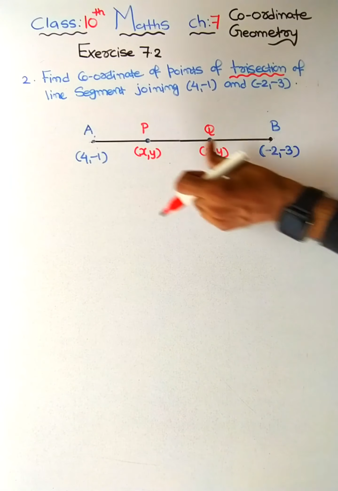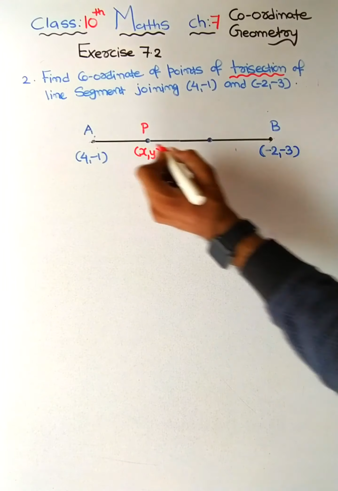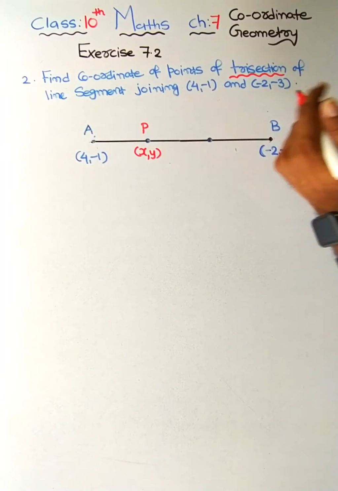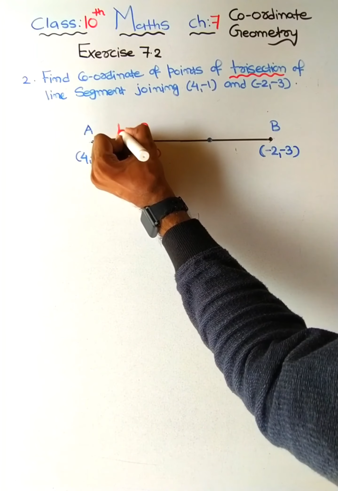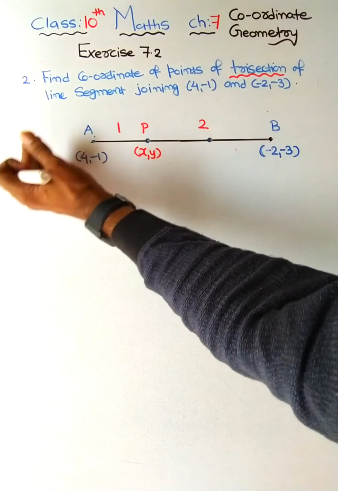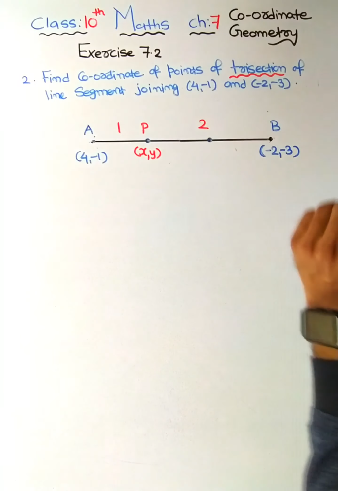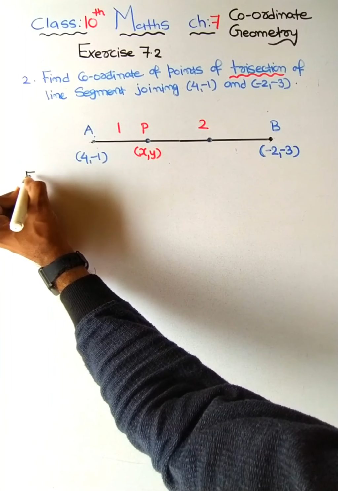So if I ignore this point Q, P is dividing the line segment in the ratio 1 to 2. You see, one part is on the left side and 2 parts are on the right side. So on the basis of the section formula we will get the answer for P x, y.